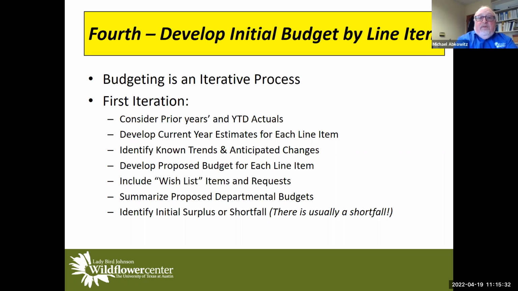I want to know what my trends are and what changes will be, and develop a proposed budget for each line item, both on the revenue side and on the expense side. In the back of my mind, I have wish lists for items that maybe could be added. I summarize my proposed departmental budgets and look to see, am I in a shortfall situation or a surplus? Usually there's a shortfall. Usually there are more expenses than there are revenues available.